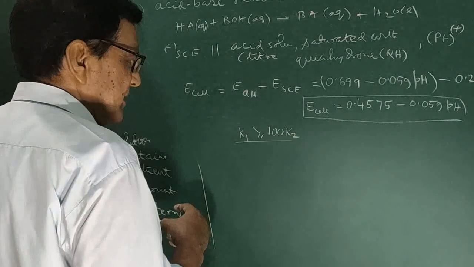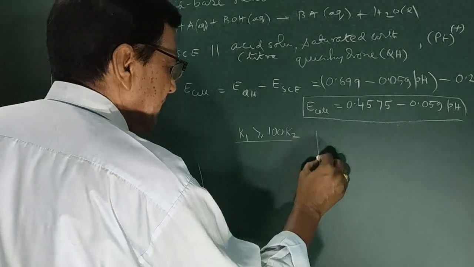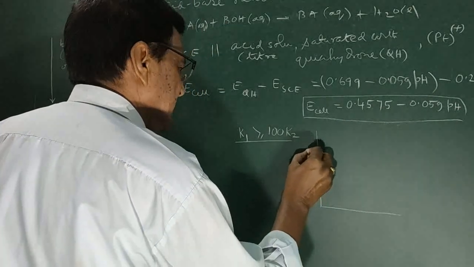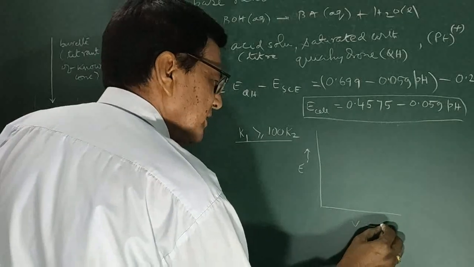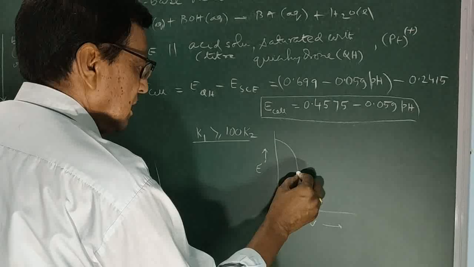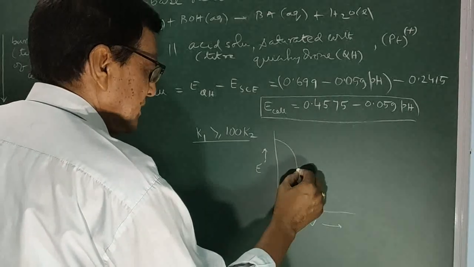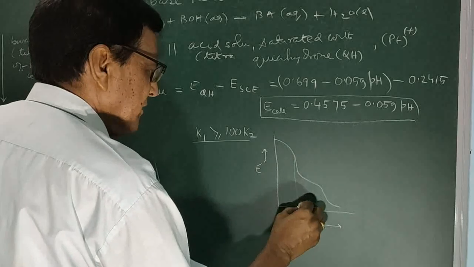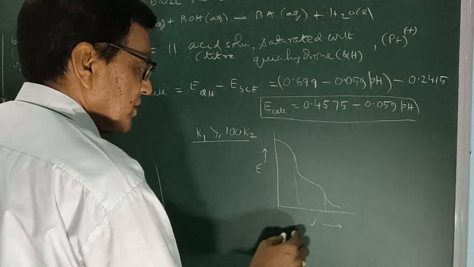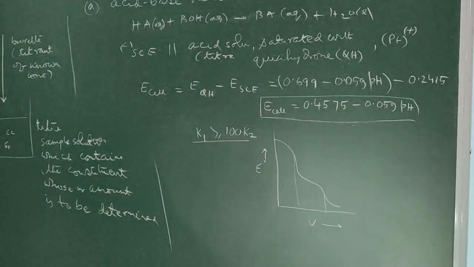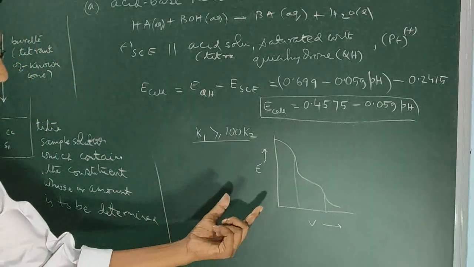And if we take this oxalic acid in the titer, then this curve will be, this is E cell and this is the volume of alkali, and this one will give 2 inflections like this, the first inflection and the second inflection.